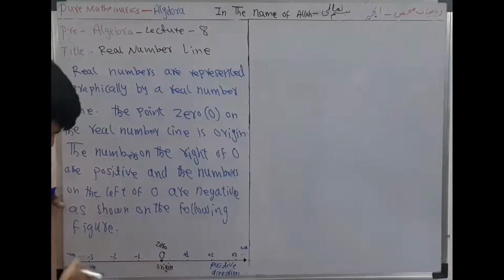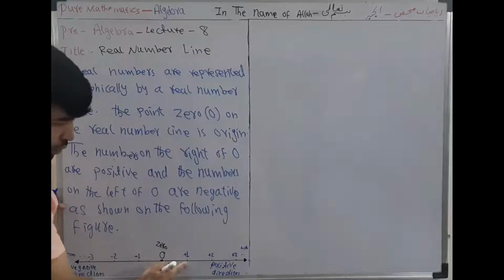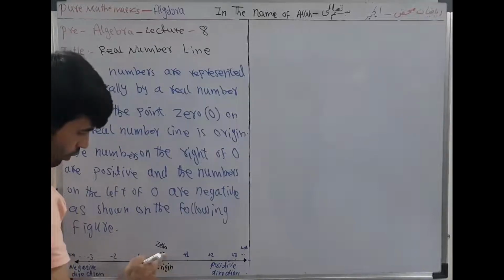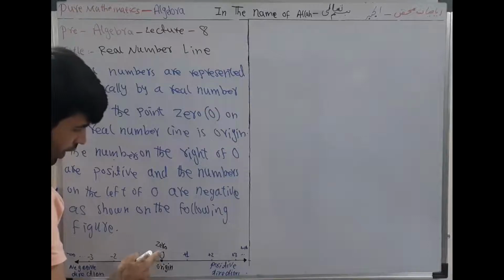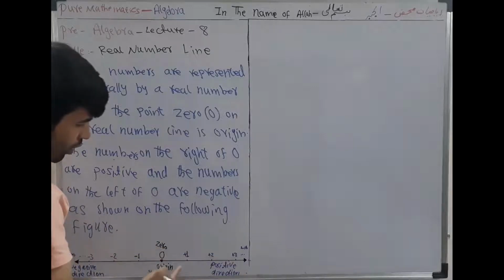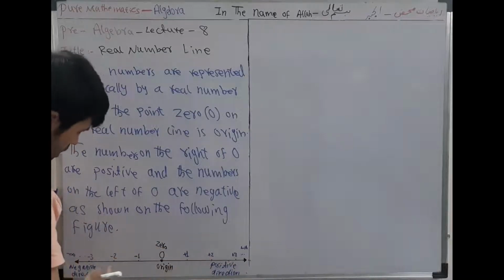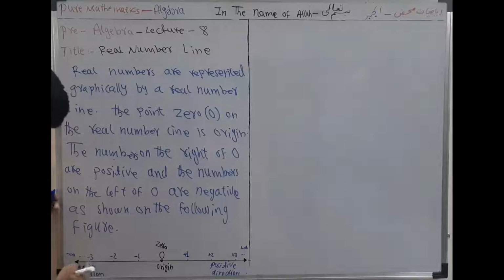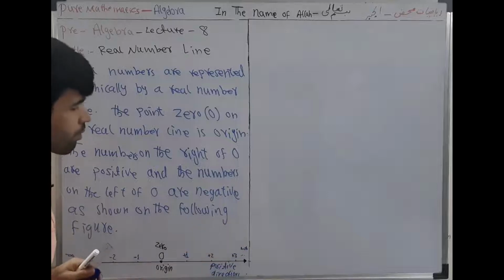It is a real number line from minus infinity up to plus infinity. Here 0 is the origin, and 0 doesn't have a sign. On the right side of 0 are positive numbers, and on the left side of 0 are negative numbers. Totally, it's called the real number line.